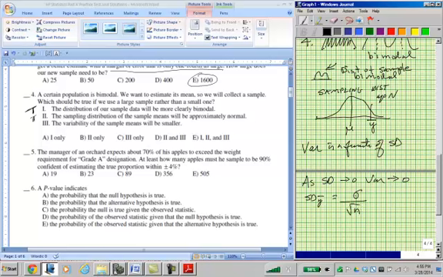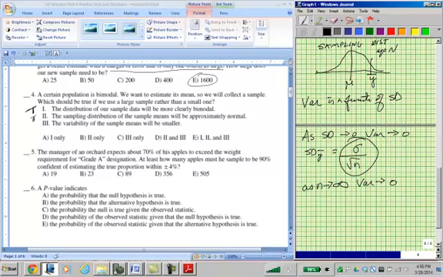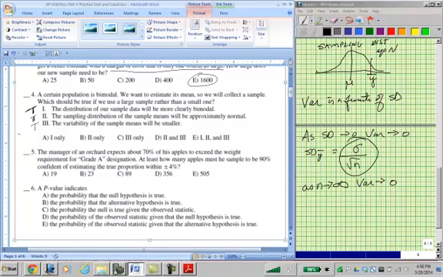So the bigger that n is, the smaller the standard deviation is going to be, so the smaller the variation is. As n gets bigger, as n approaches infinity, it's never going to be infinite, the variance approaches 0. Okay, so as n increases, the variance decreases. So 3 is true. So the answer to number 4 is E.